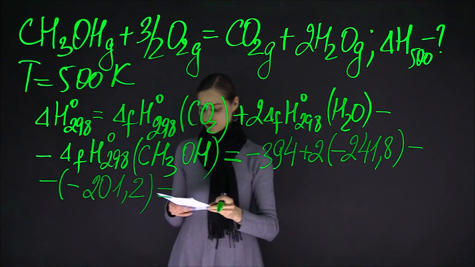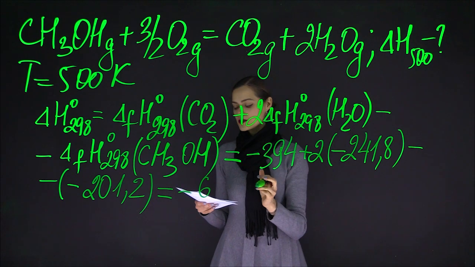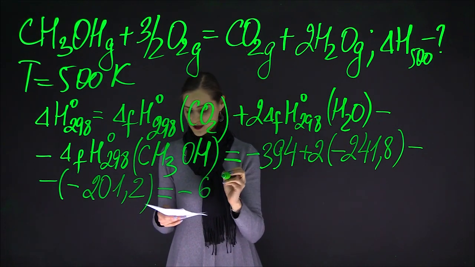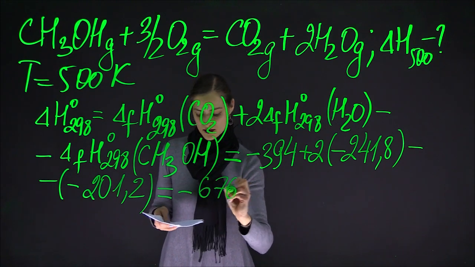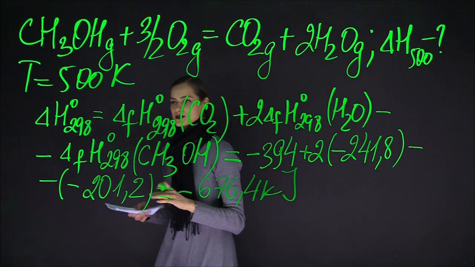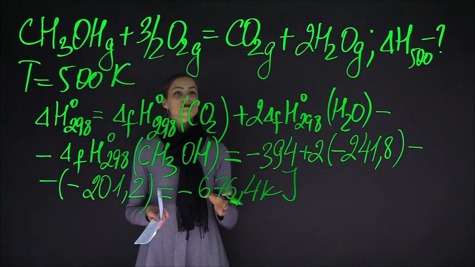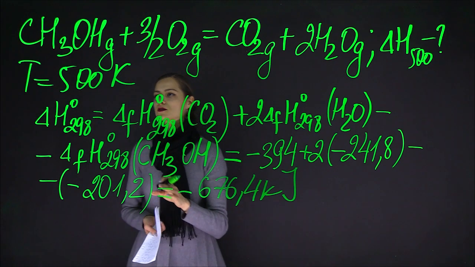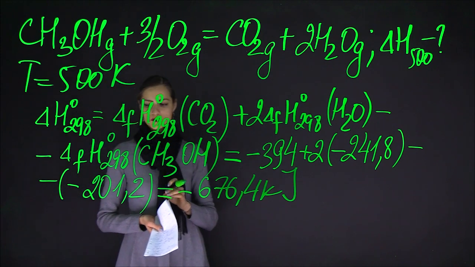And in our calculation we have this reaction as exothermic reaction with release of heat, 676.4 kilojoules. But here we calculated heat effect in standard condition. In our task we have 500 kelvins, not 298 kelvins.